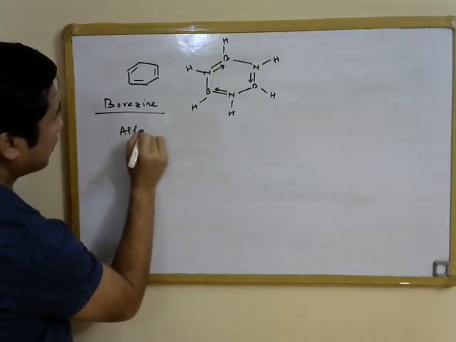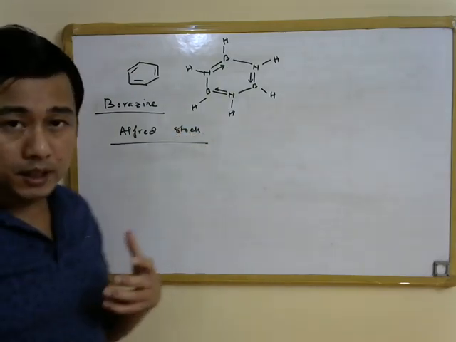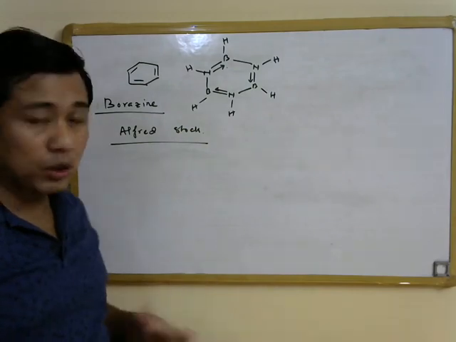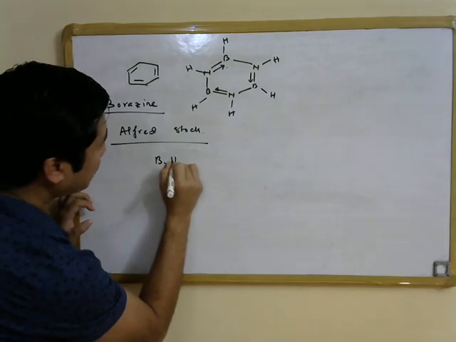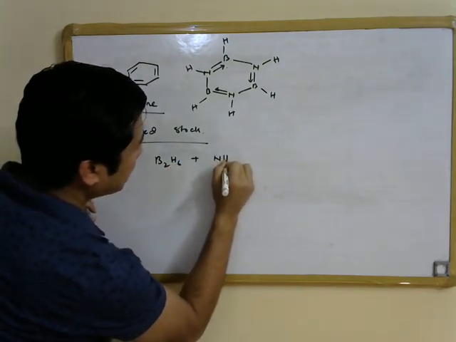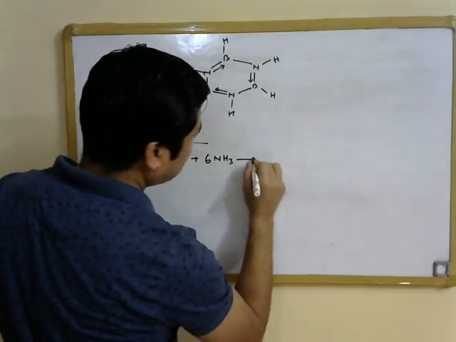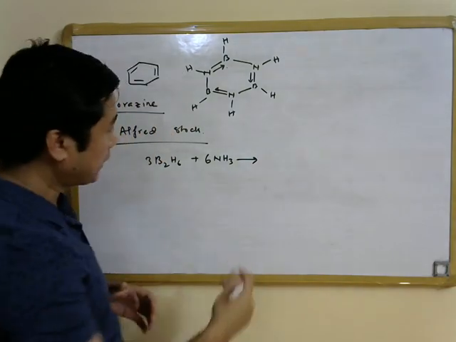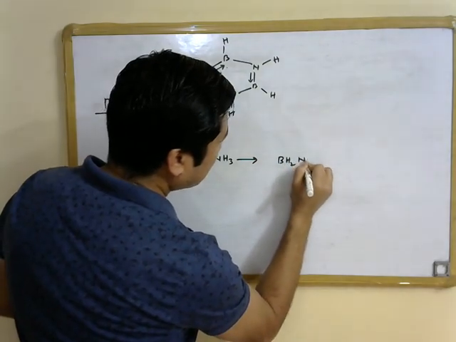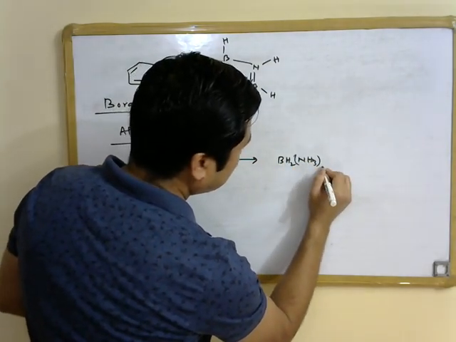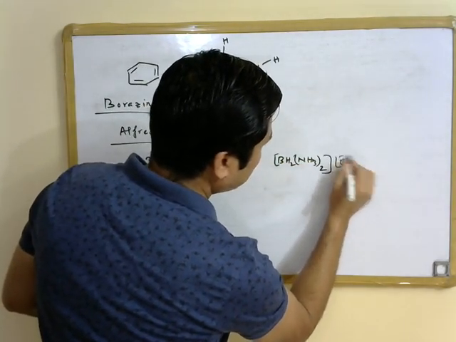We have already discussed Alfred Stock while discussing the chemistry of hydrides of boron, because he was a pioneer in this area. He reacted 6 equivalents of ammonia with 3 equivalents of B2H6, which essentially gave a Lewis acid base adduct initially, in this way.